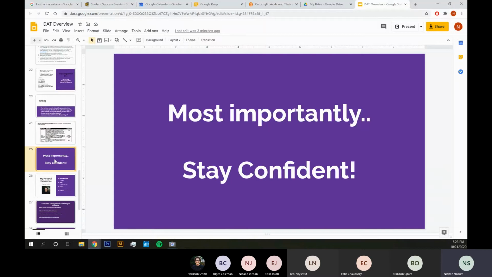And stay confident. Second guessing yourself and not really committing to the test will lead you to not get the scores you're wanting, because you've got to have a clear head going into it. Anxieties will eat away at your ability to think clearly.